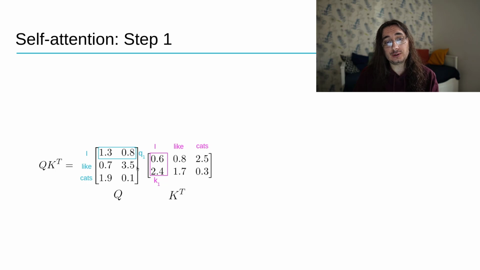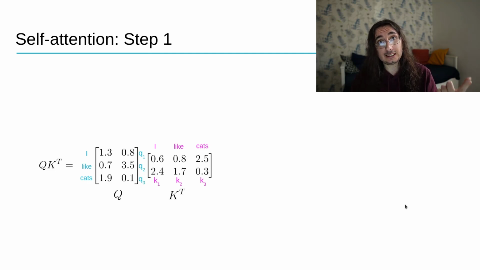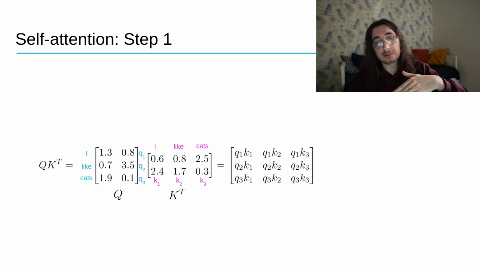And if we do this across all the other rows and columns, we're going to get Q1, Q2, Q3, and K1, K2, K3. Why did I do that? Well, because I want to show you how we are actually going to calculate the multiplication between these two matrices. You'll see that at each cell here, you're going to have a dot product between one Q vector and a K vector.